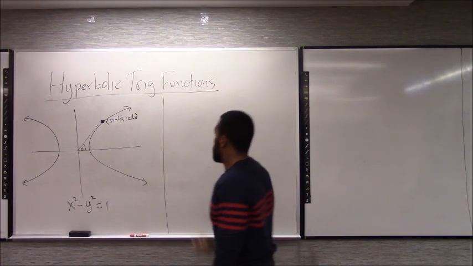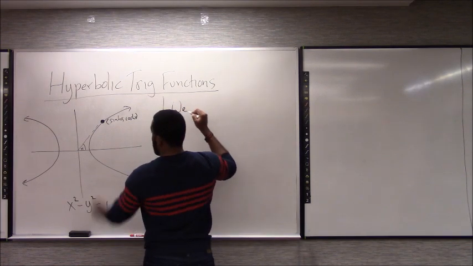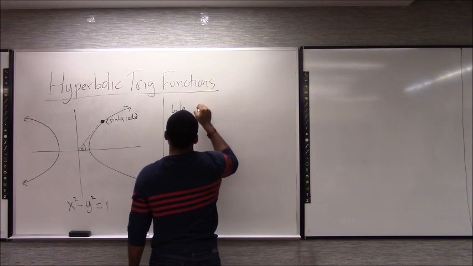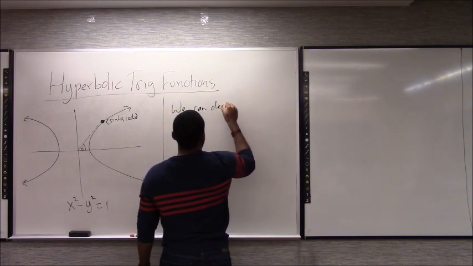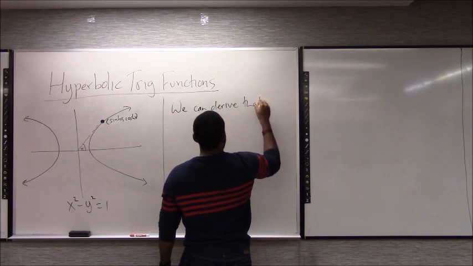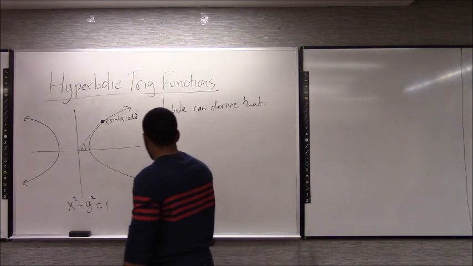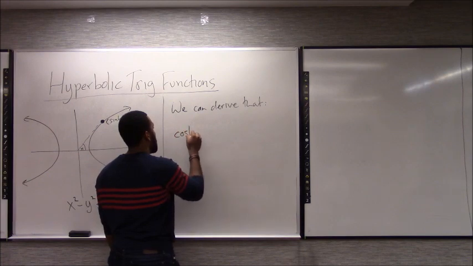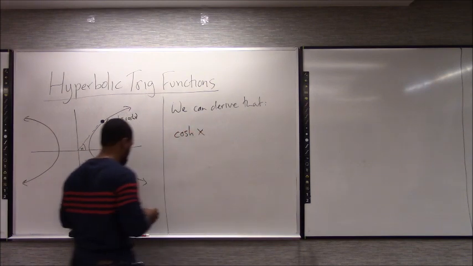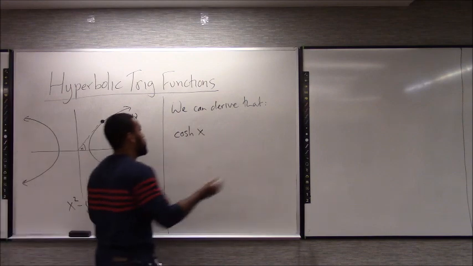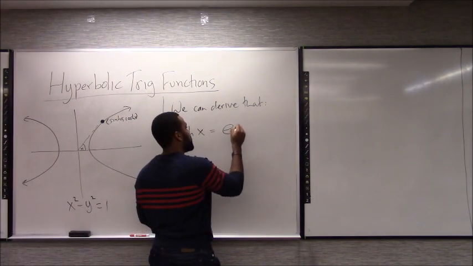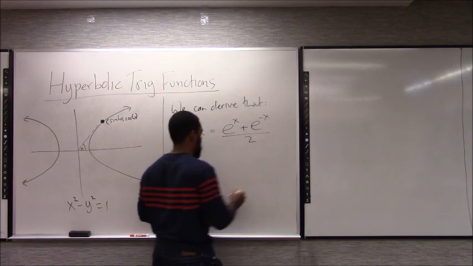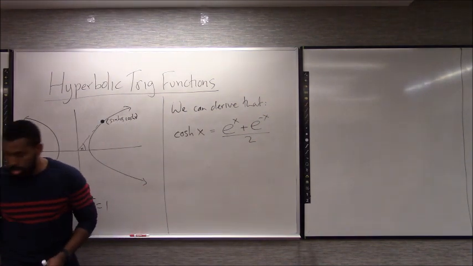And we have the following definitions, which you can derive based on this setup, but we're not going to because it's just going to take too long. We can derive that we can measure the height at any point, called cosh. It's defined as e to the x plus e to the minus x all over 2. This is called the hyperbolic cosine.